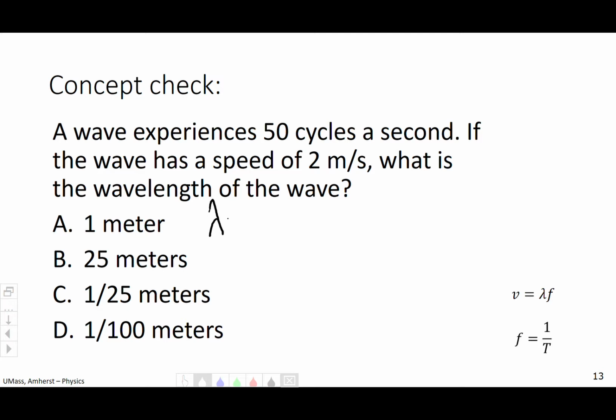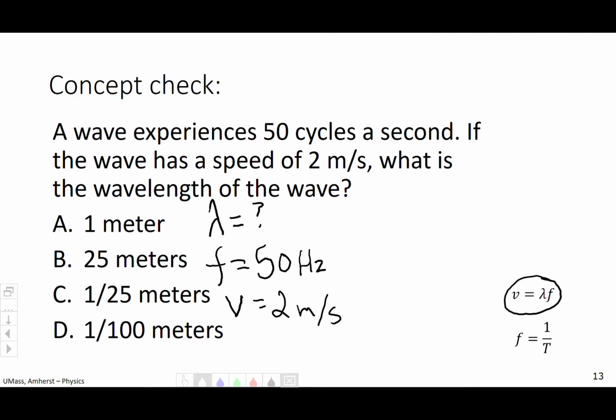We want wavelength. We know that frequency is 50 cycles per second, 50 hertz. And the wave speed is 2 meters per second. So we know that wave speed is frequency times wavelength. That means that wavelength will be speed divided by frequency.